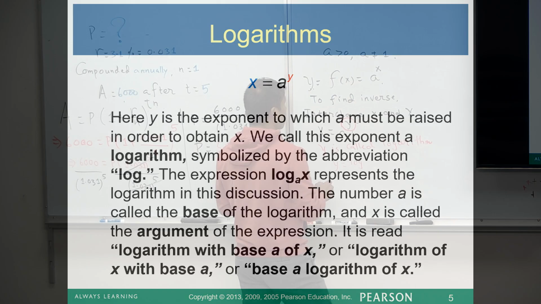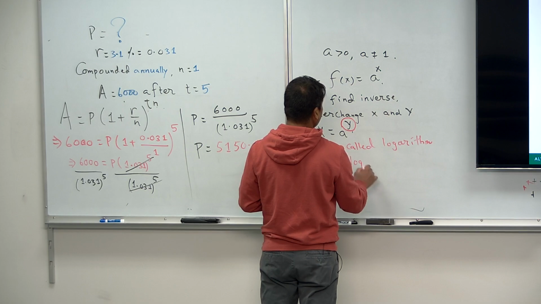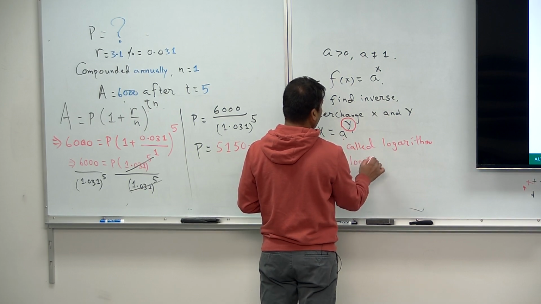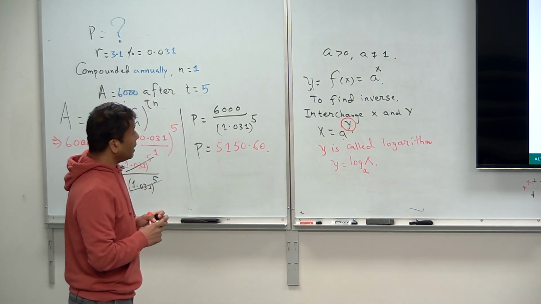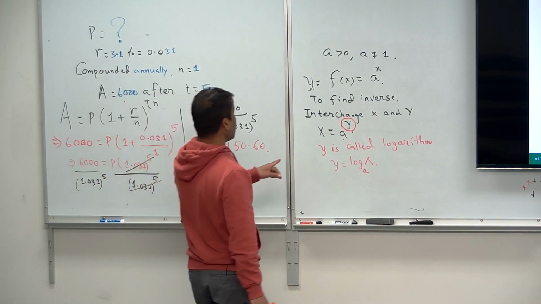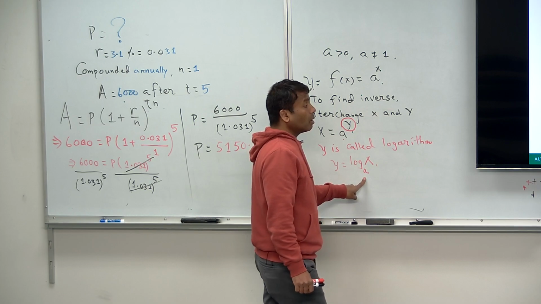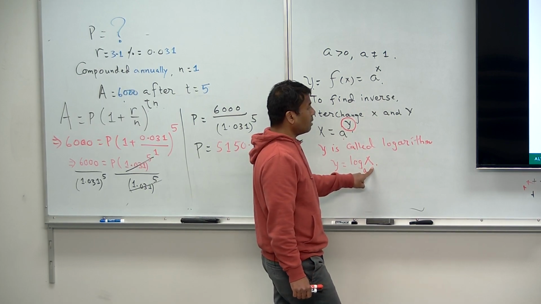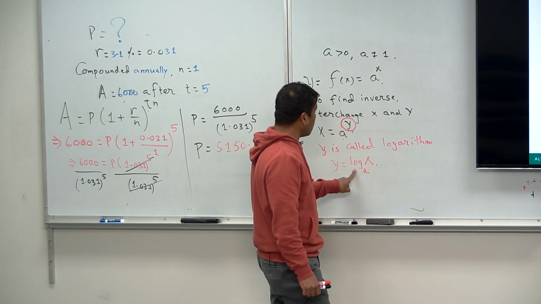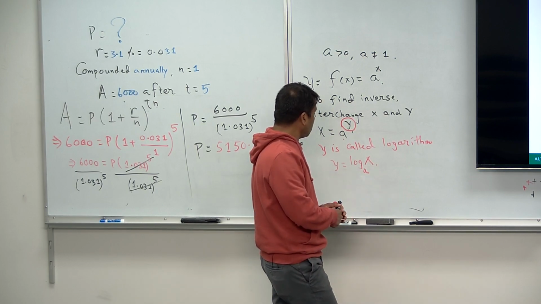And this is the logarithm with base a of x. You can read it as logarithm of x with base a, or base a logarithm of x. It's up to you.